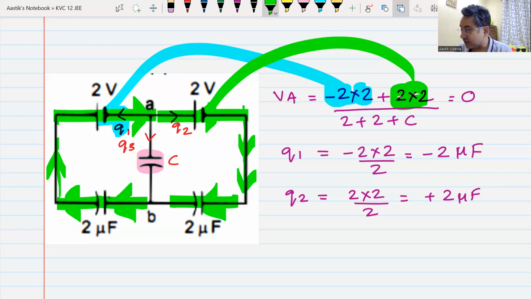And there is no charge going in this branch. Do we understand this? The circuit just flows like this. Do we understand this? Yes, sir. Sure now, sir? Yes, sir.